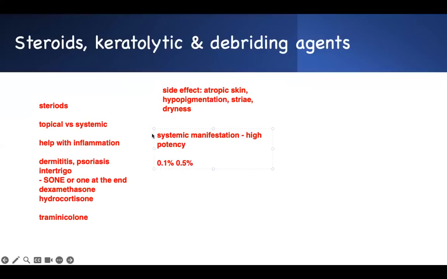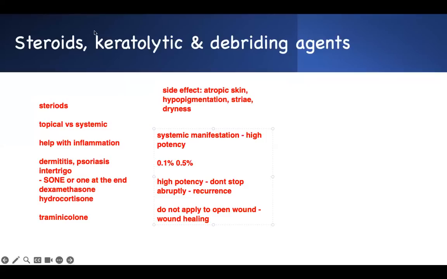You have to know that if it's high potency, don't stop abruptly, otherwise you get a recurrence of your problem right away. Another key fact, do not apply to an open wound. It will affect wound healing. Okay, so that's topical steroid.